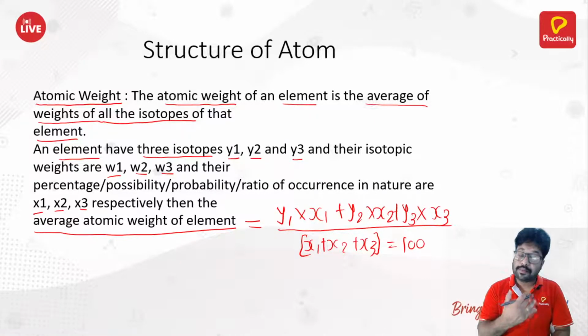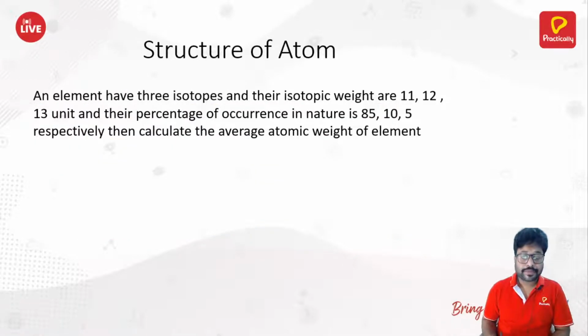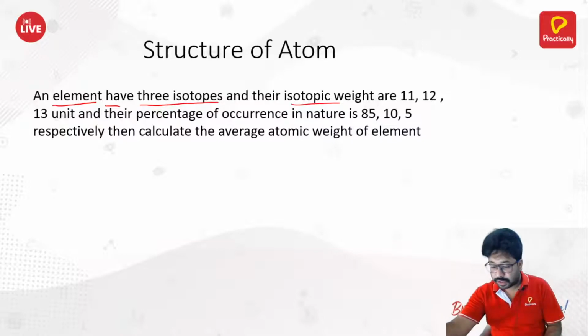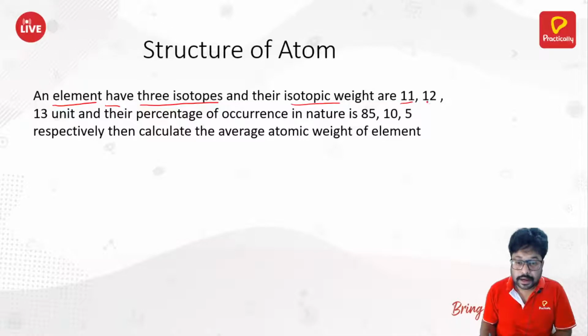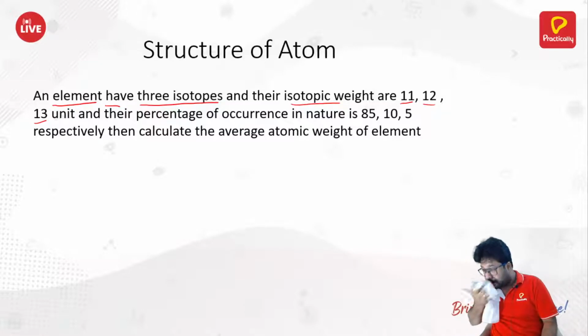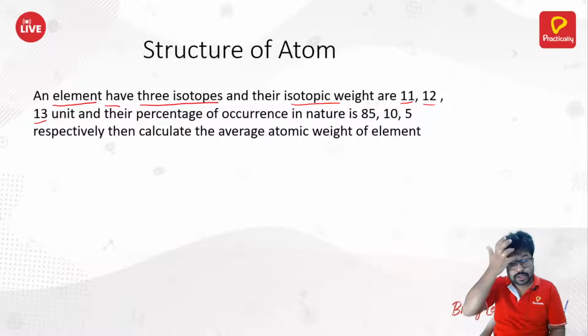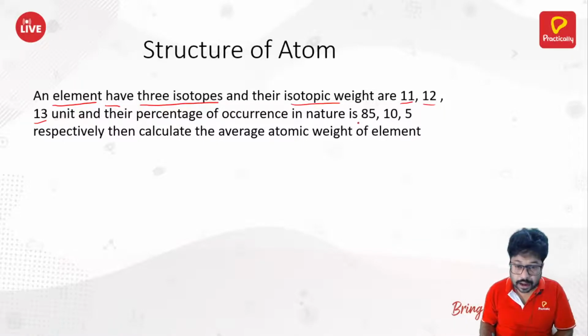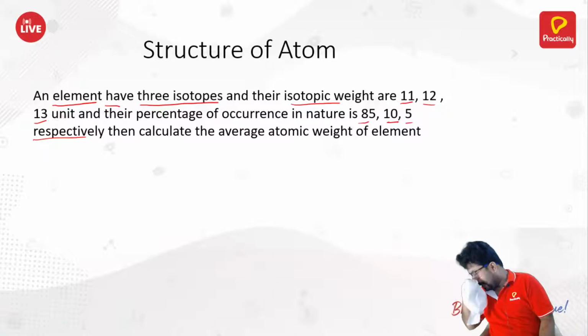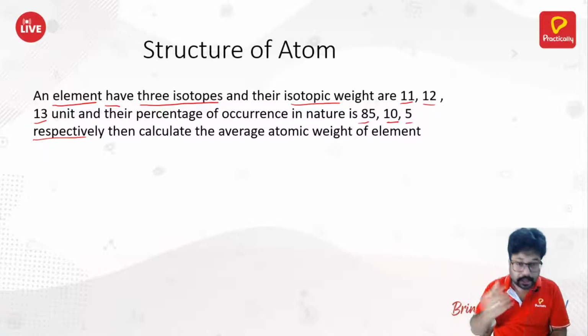Okay, let's see the numerical based on this. An element has three isotopes, and their isotopic weights are 11, 12, 13 units.